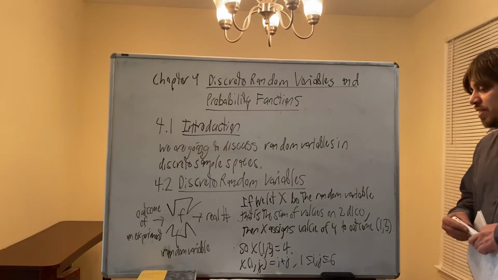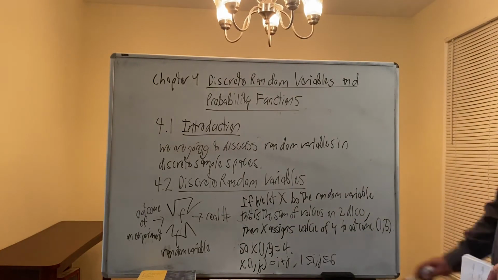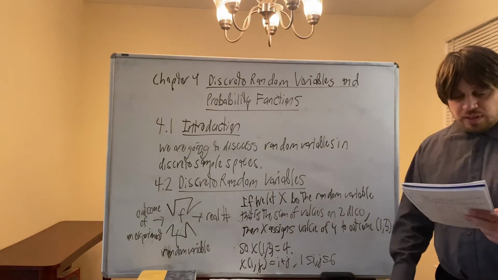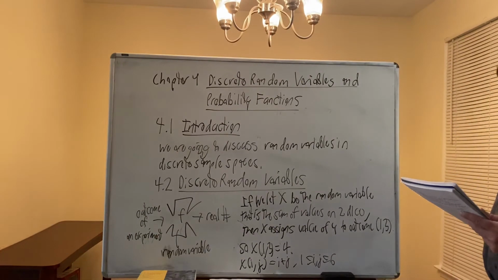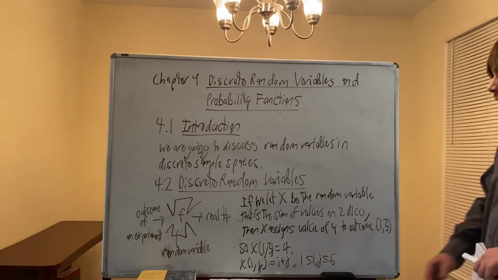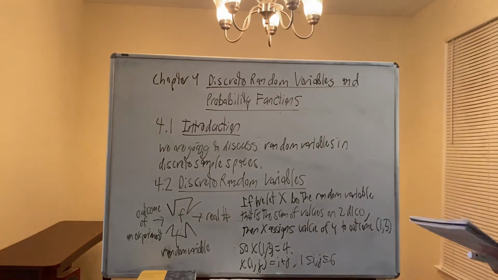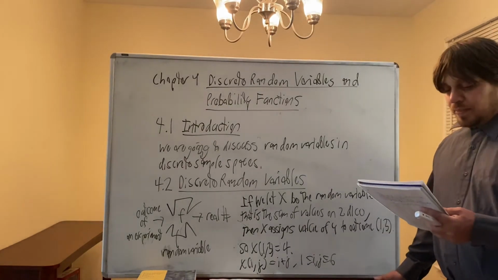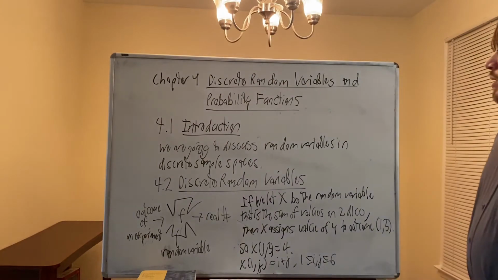Okay? So X of i, j is i plus j, where i and j are between 1 and 6 inclusive. And so that capital X is an example of a random variable. Okay.